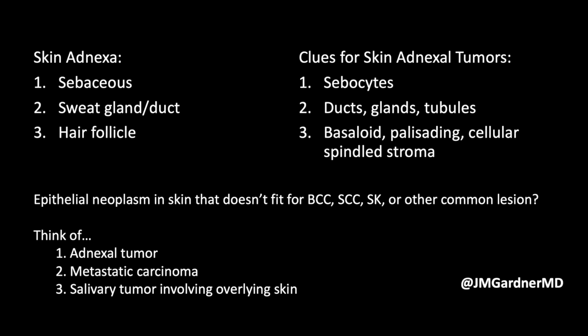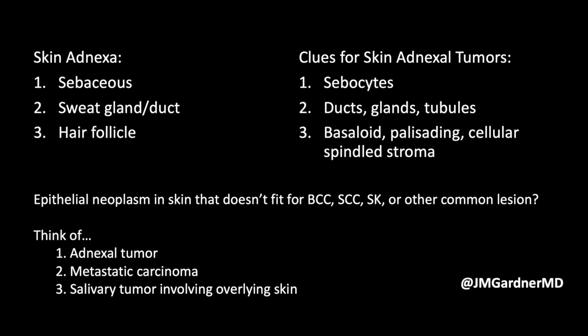Okay, the very simple way that I explain to beginning residents how to know if something's an adnexal tumor: if you see an epithelial cell tumor in the skin that doesn't look like one of the common typical things, it doesn't look quite like a basal or a squamous cell carcinoma or a seborrheic keratosis or something else common, but it looks epithelial, then the things you should think of are, first of all, is it a metastatic carcinoma?